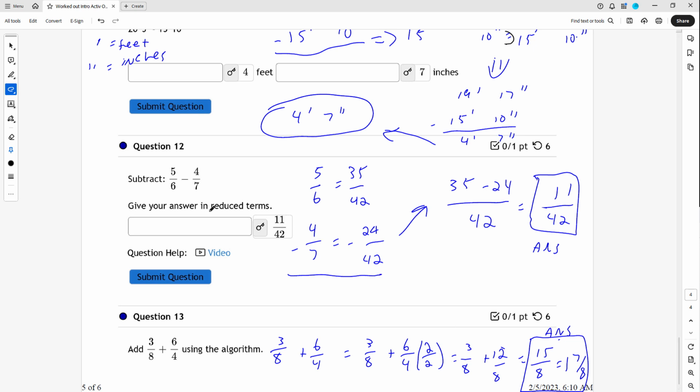Subtract. They have different denominators. When you're subtracting, they have to have the same denominator.